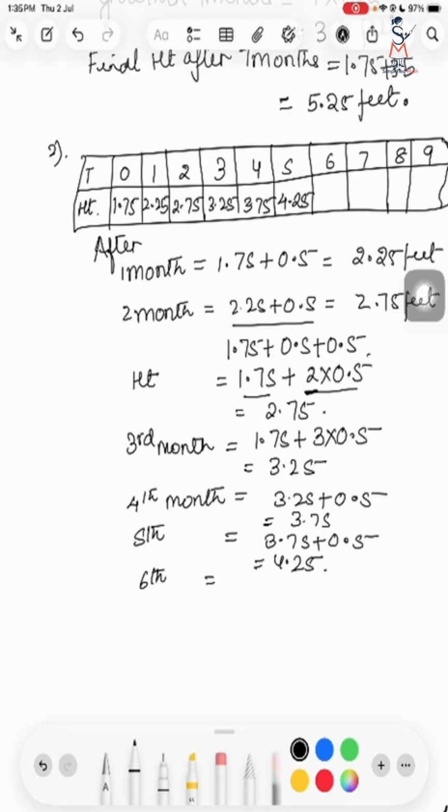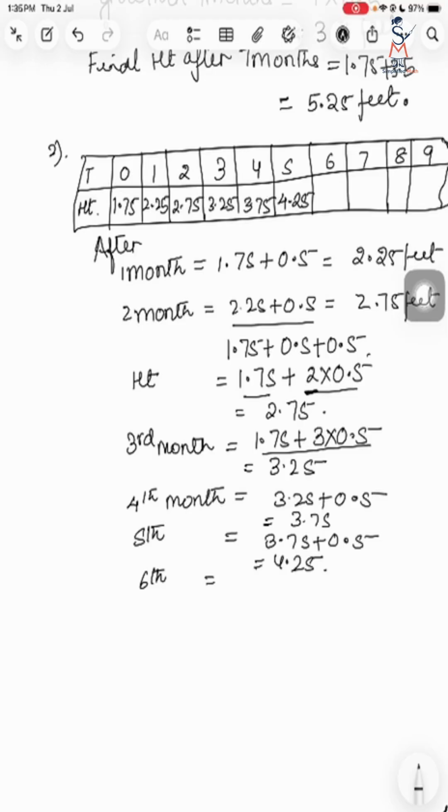And the relationship we have deduced is initial height plus month into height every month. So same way, 4.25 plus 0.5, that is 4.75.